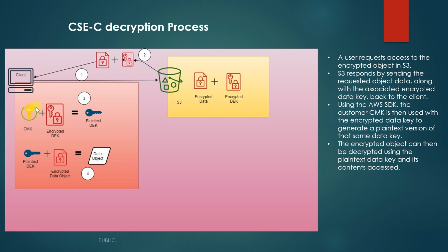Again, the client will be using the AWS SDK. It will use the customer key along with the ciphertext data encryption key. The customer key will be used to decrypt the ciphertext data encryption key, and therefore we will get the plain text version of the data encryption key, and this will then be used to decrypt our data object, and hence we get our plain text data object for further accessibility.